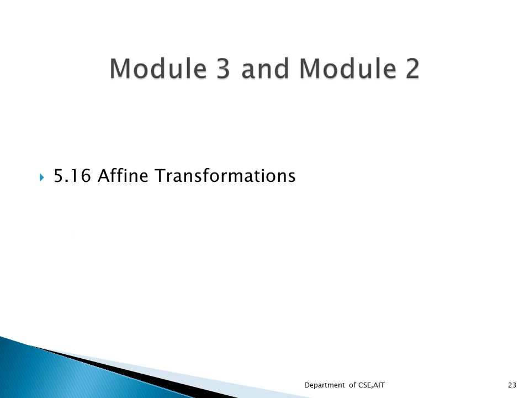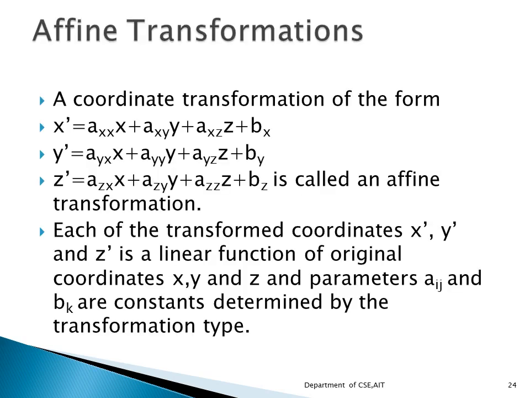Now we will see about the affine transformations. A coordinate transformation of the form where x' is equal to axx x plus axy y plus axz z plus bx, and similarly for y' and z', we call it an affine transformation.